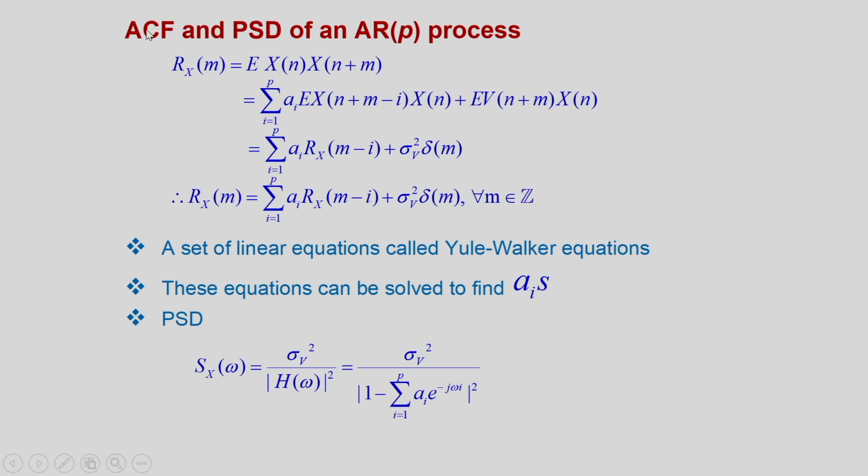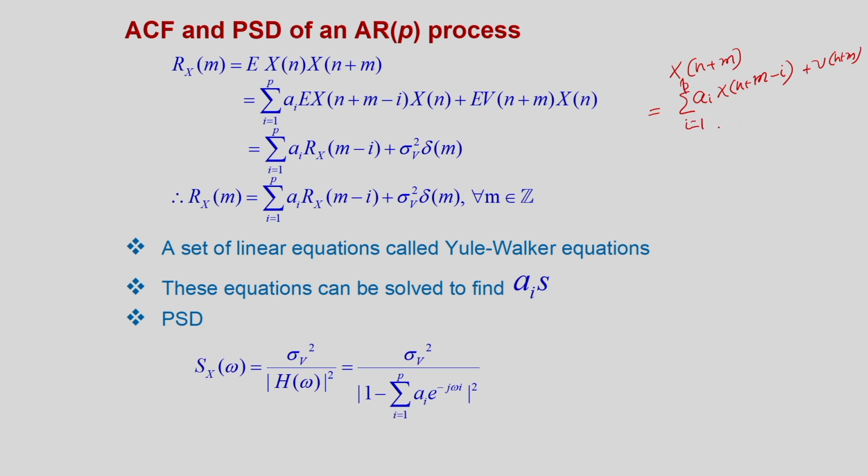Now, let us see the ACF, autocorrelation function, and PSD of an AR(p) process. We have to find the autocorrelation function and the power spectral density, PSD, of an AR(p) process. You know that Rx[m], the autocorrelation at lag m, is equal to E of x[n] into x[n plus m]. Now, x[n plus m] can be written in terms of its previous outputs, as the summation of a_i x[n plus m minus i] plus v[n plus m], i going from 1 to p.